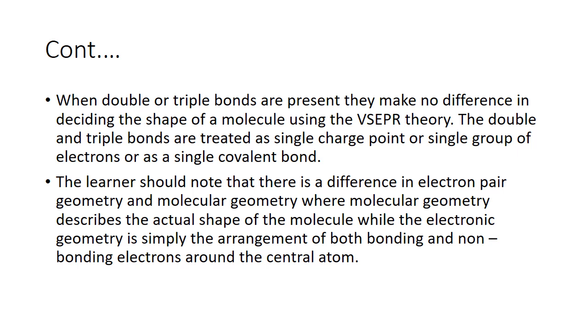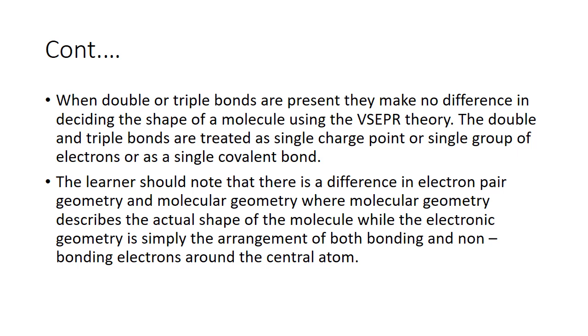In continuation, in some cases when we have double or triple bonds, in determining the shape of these molecules using the VSEPR theory, these double and triple bonds are treated as single charge points or a single group of electrons, or in other words, we look at it as a single covalent bond.